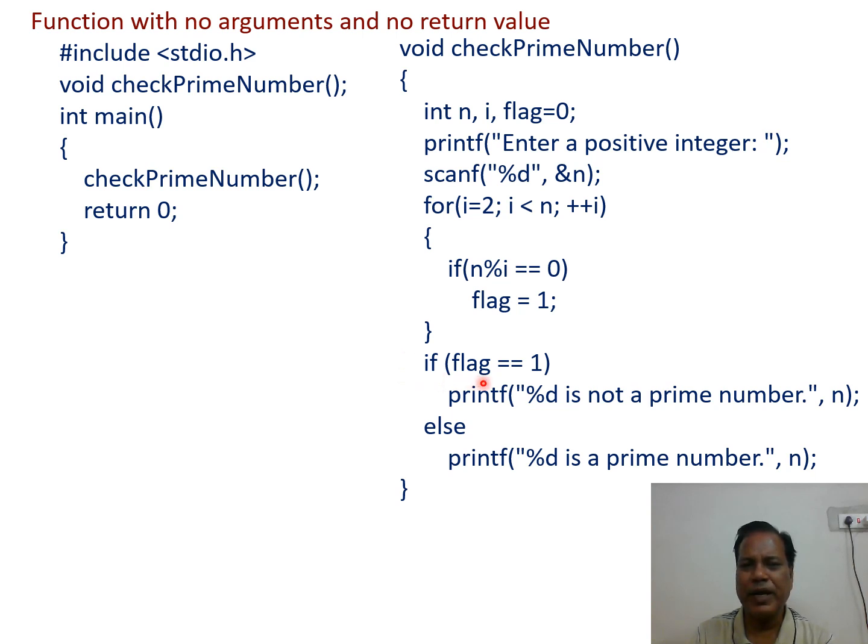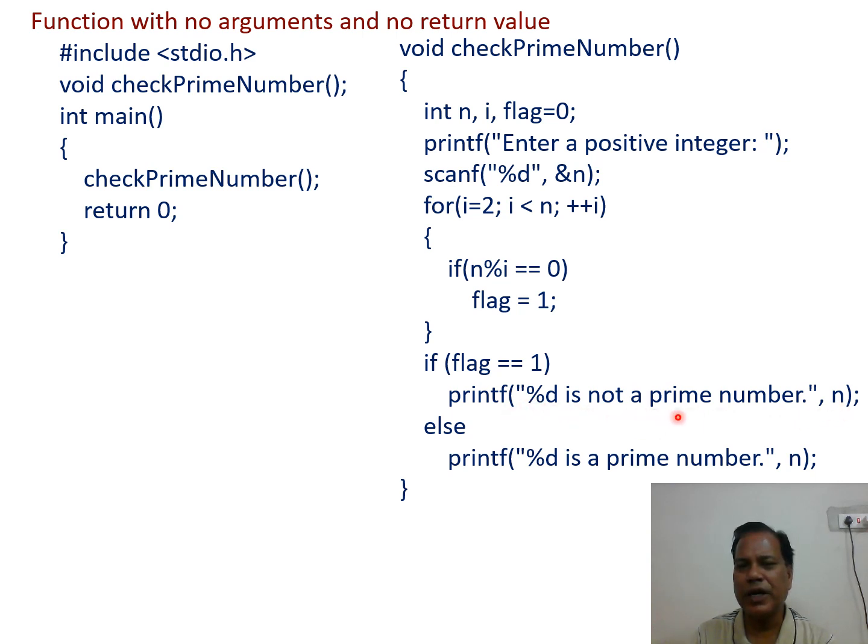Here, if flag equals 1, that is, if the value of flag is set to 1, then printf %d. At this point, the compiler searches for the variable value. So here it is n, the entered number, which is printed here.